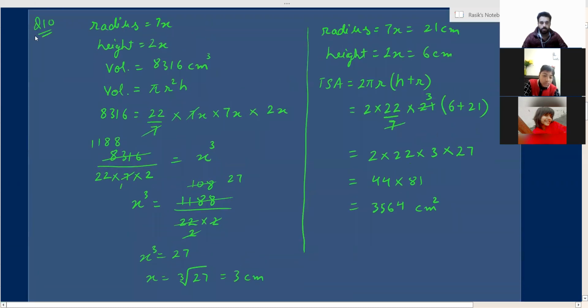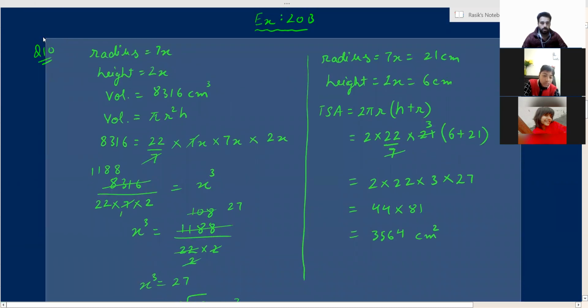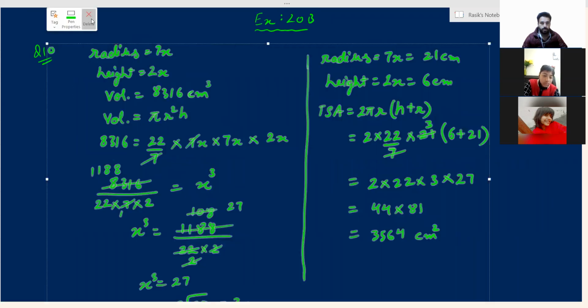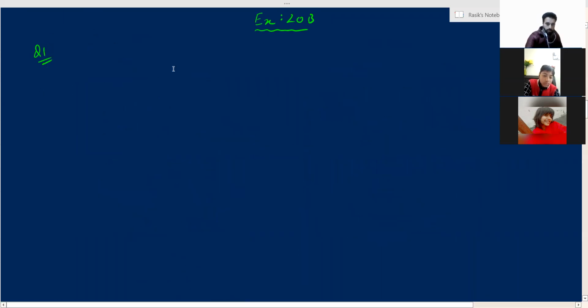Have we all done the question? Question number 11. The curved surface area of a cylinder is given 4400 centimeter square and the circumference of its base is 110 centimeter.